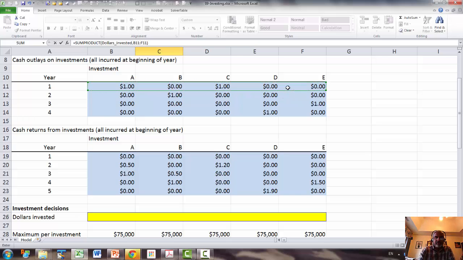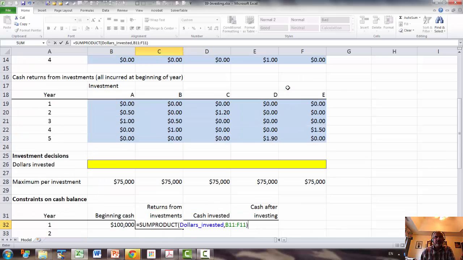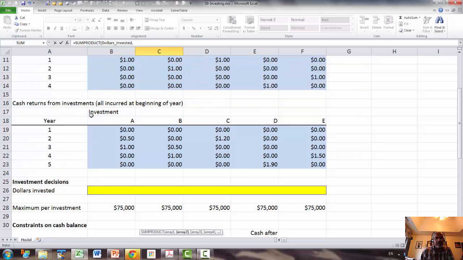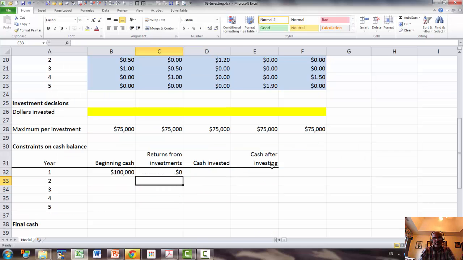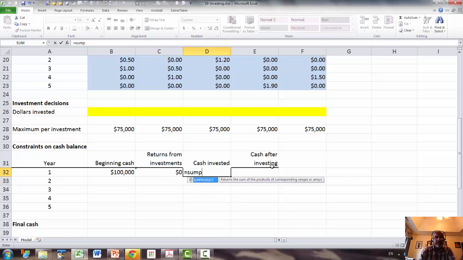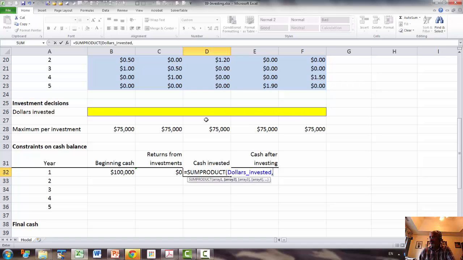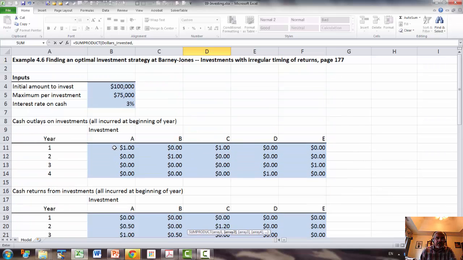So that will give us, with the revenue coming back, returns on investment. So that will give us how much money we will get back. And cash invested is again some product of this with the cost.